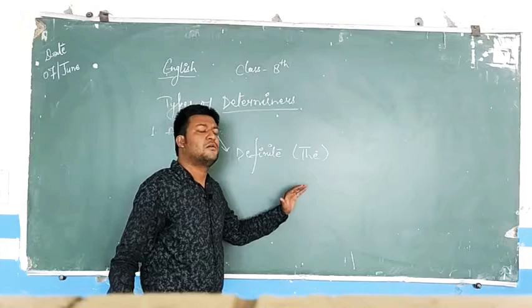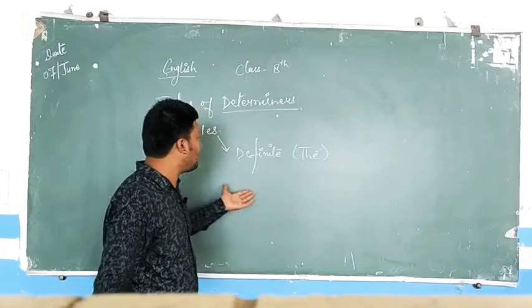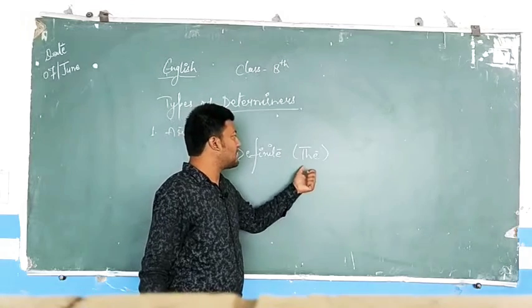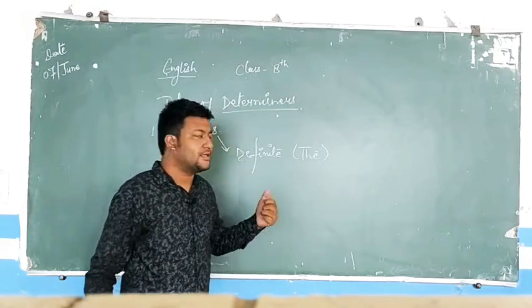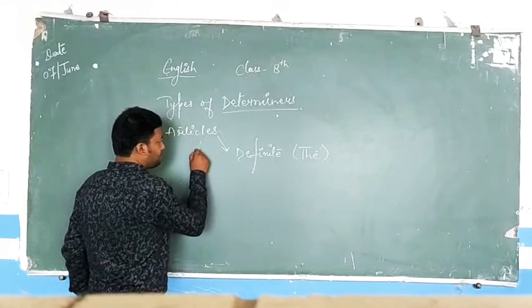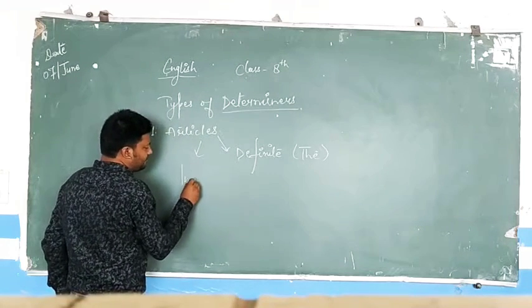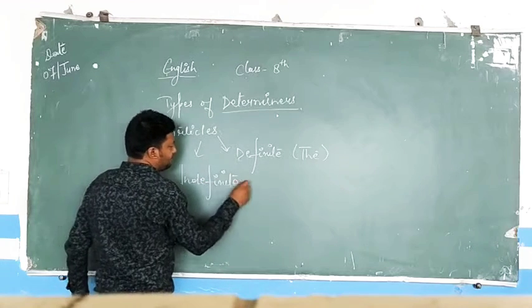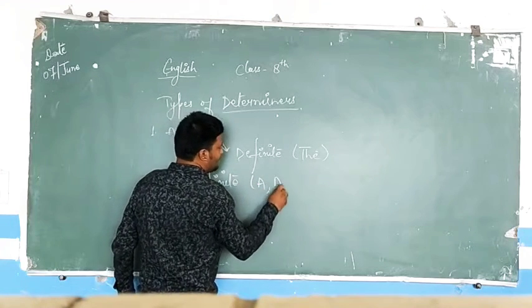When we study articles, I will make you clear where we pronounce it as thee and where we pronounce it as thuh. Another one is indefinite, which is a or an.